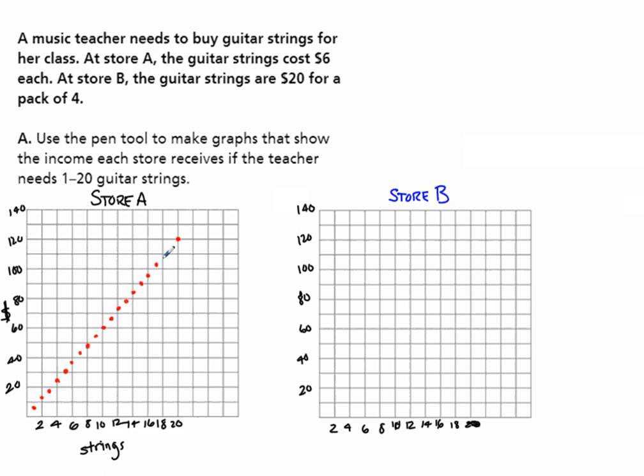Then you get to 108. Then you get to 114. And then you get to 120. So there we go. There's all 20 spots. That took a little bit longer than I planned on it, but oh well.